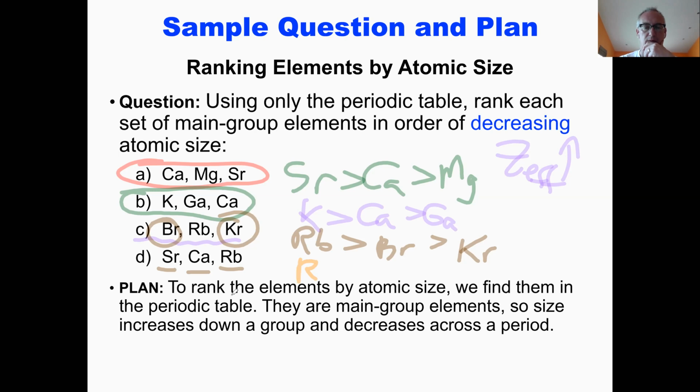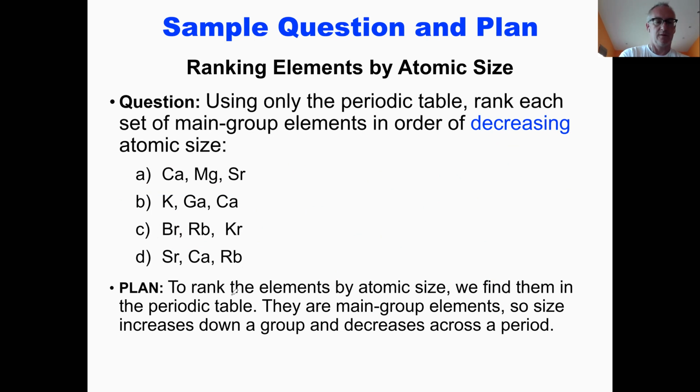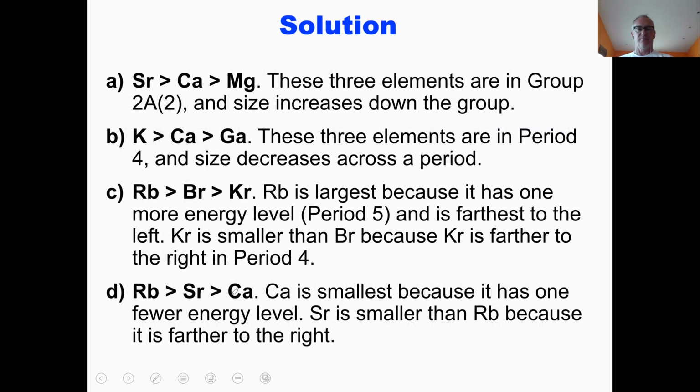Because although the atomic radius does increase as you go down the column, rubidium is in the first group compared to strontium, which is the second group, and the atomic radius would decrease as it goes across. So it would be rubidium, then strontium, and then calcium. Okay, let's check. I'm excited. Yep, got them all. Excellent.